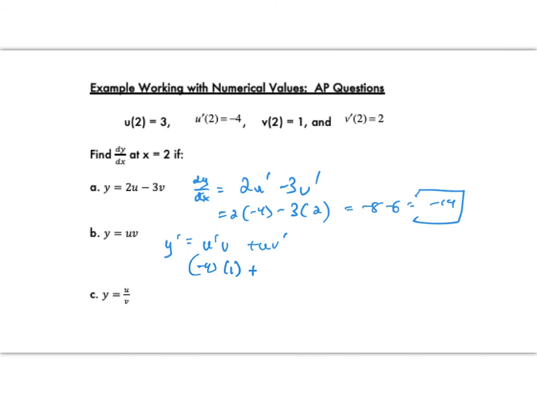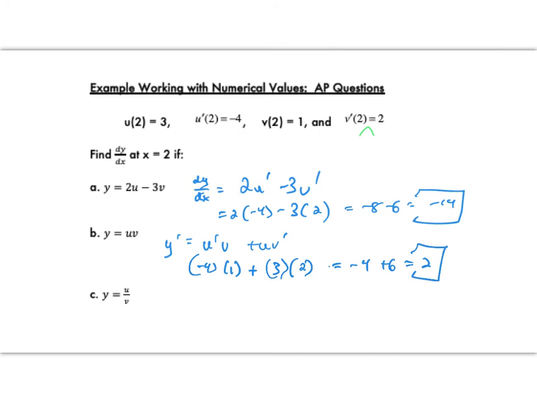And then u is going to be 3. And v prime should be 2. Okay, so getting a little simplifying here, negative 4 and then plus 6 should end up with 2 at the end, I believe.